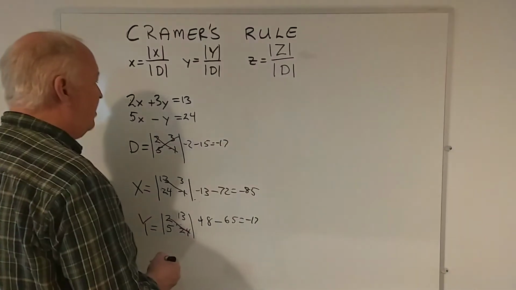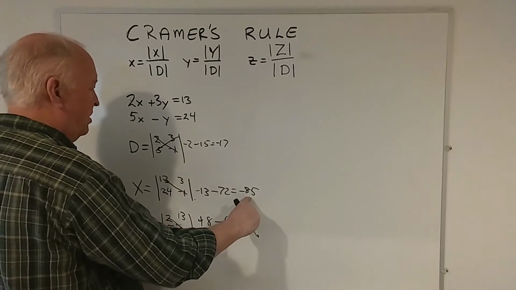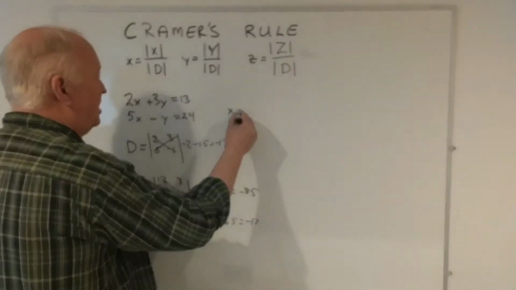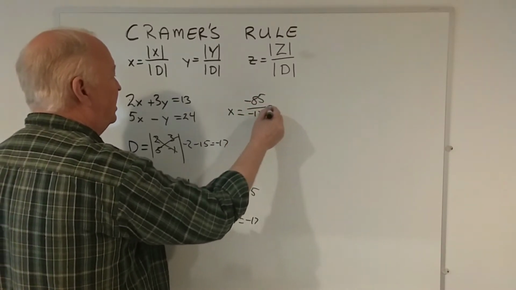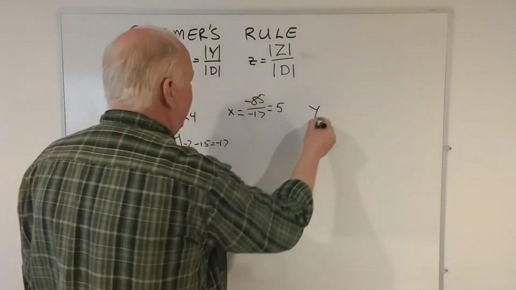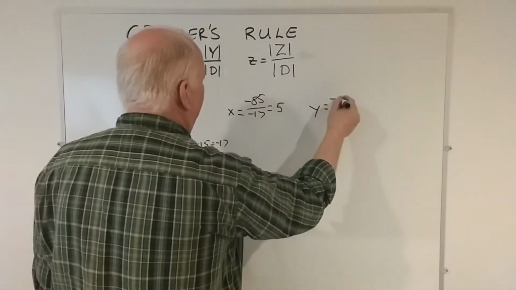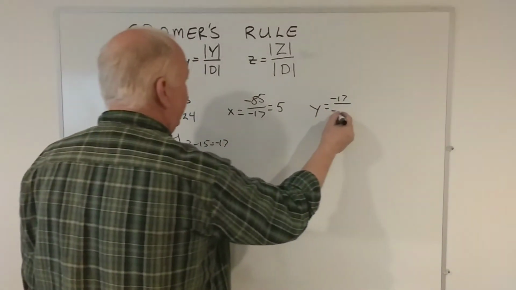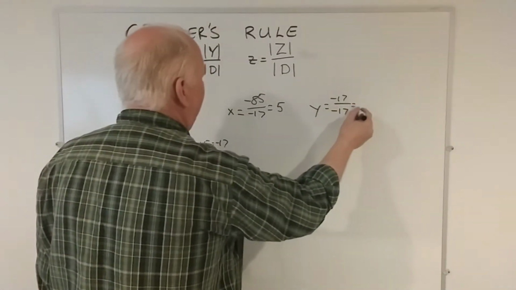Now, how do we find x? X equals the determinant of the x matrix divided by the D matrix. So x equals -85 divided by -17, which is 5. And y equals the determinant of the y matrix, -17, divided by the denominator matrix, -17, which gives you 1.